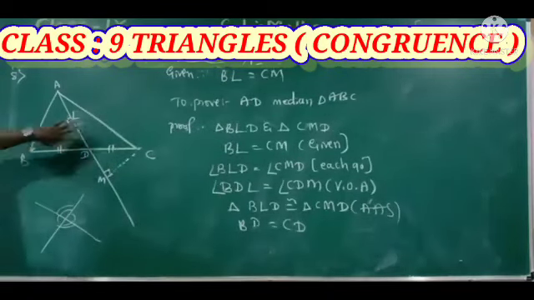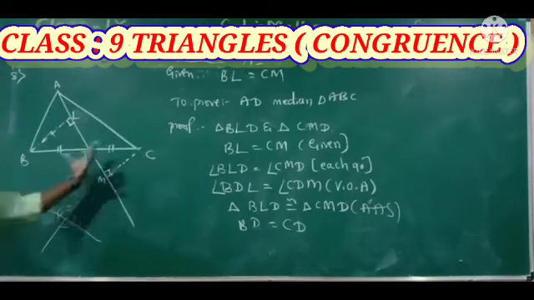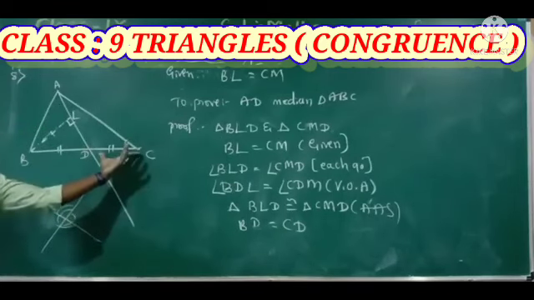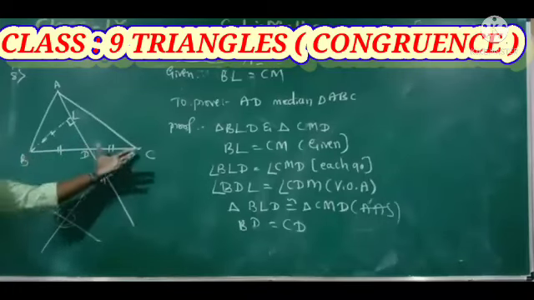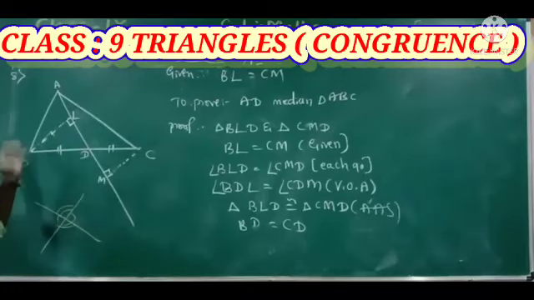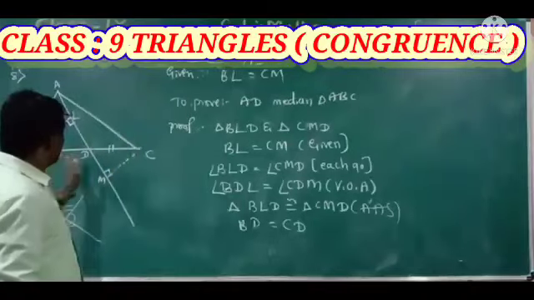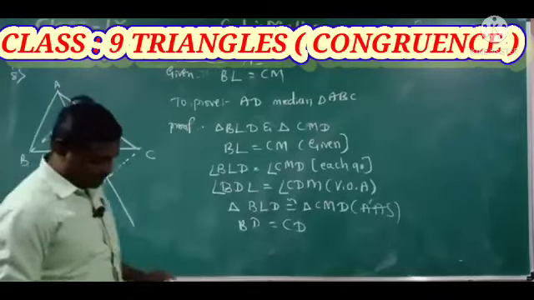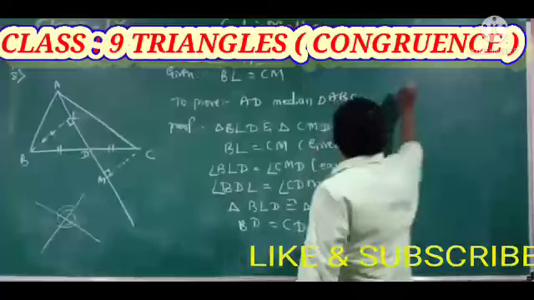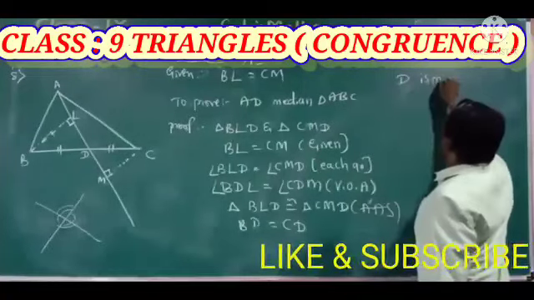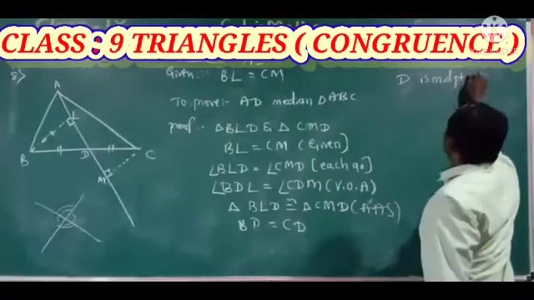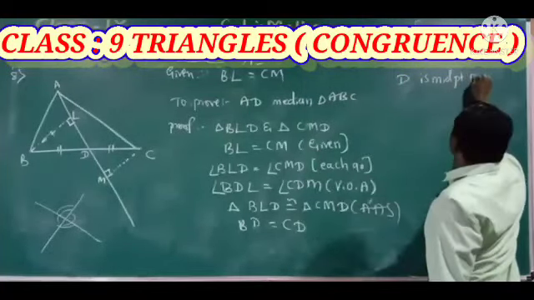Just observe these two sides. BD is equal to CD means these two are the two parts of the base of the triangle BC. It means BC is divided into two equal parts, BD and CD. So D acts like a midpoint. D is a midpoint of the side BC.